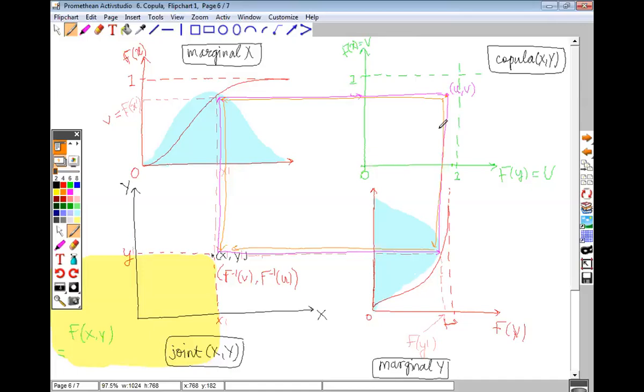Now if you have a look at Sklar's theorem, let me just mention here that this is Sklar's theorem.